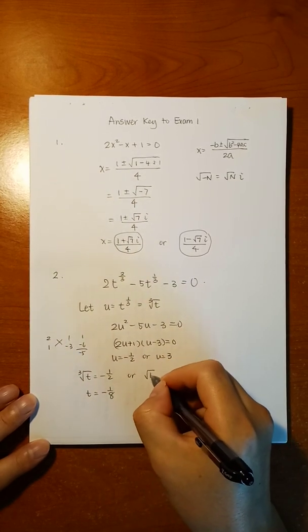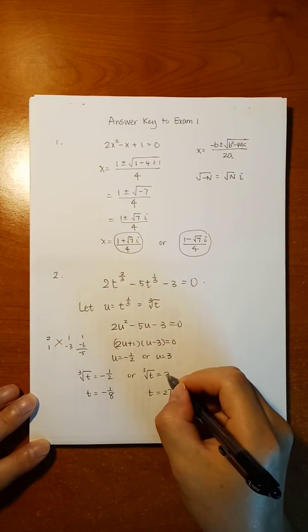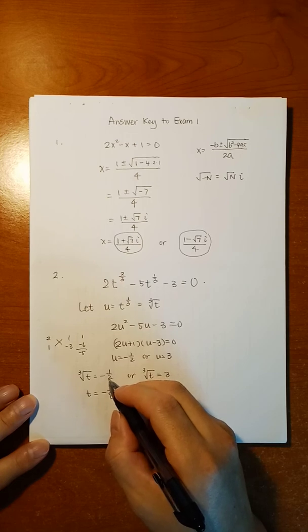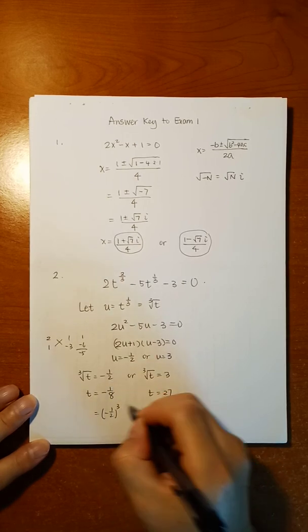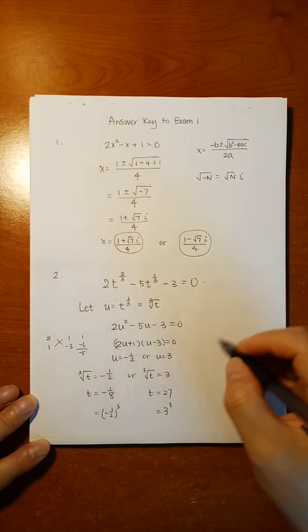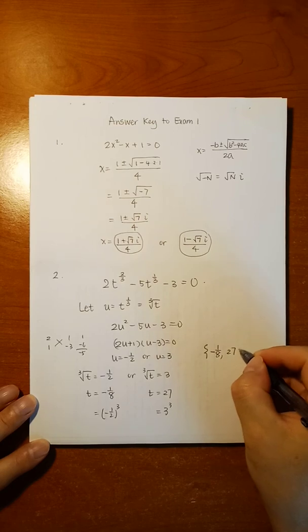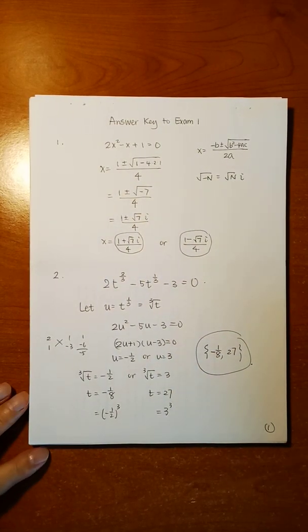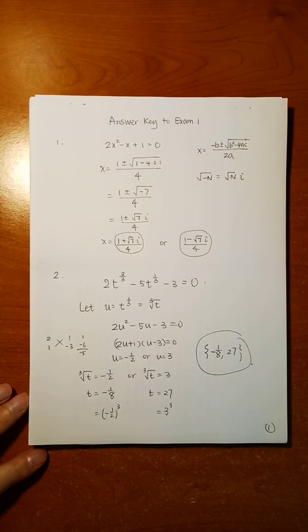When the cube root of t is 3, t is 27. 27 is 3 cubed, and negative 1 over 8 is negative 1/2 cubed. So the solution set is negative 1 over 8 and 27. Okay, that's our first two problems.